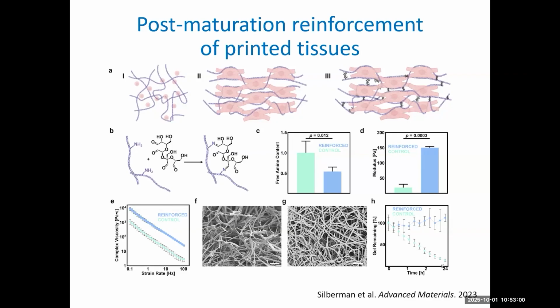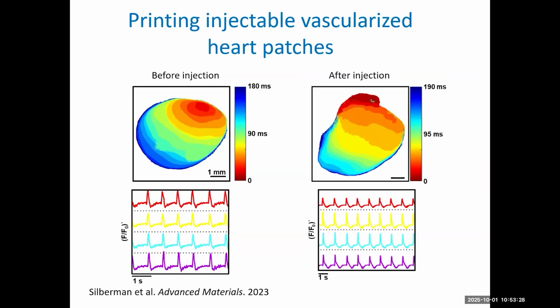After the tissue is already functional, and we can see the contraction in the lab, we can add a small molecule, oxidized sucrose, as you can see in B. Basically, it cross-links the tissue a little bit and provides really good mechanical properties, so we can now fold the tissue, put it into a trocar, and bring it into the heart with minimally invasive technology. I'll skip that movie, but you can see before and after injection. We did it with up to a 6 centimeter cardiac patch, and we were able to show that before and after injection, the patches are still functional.